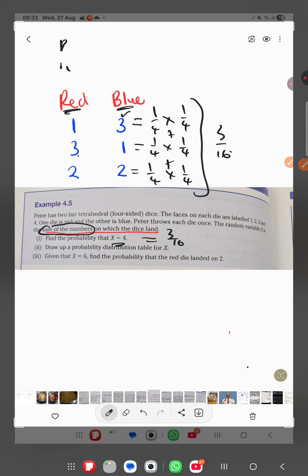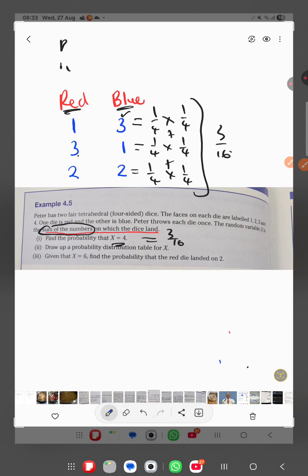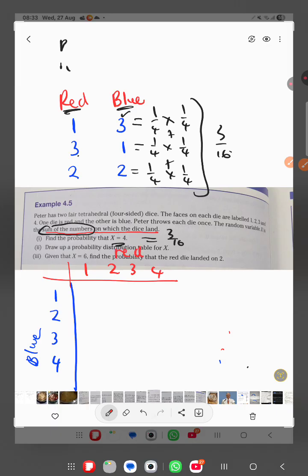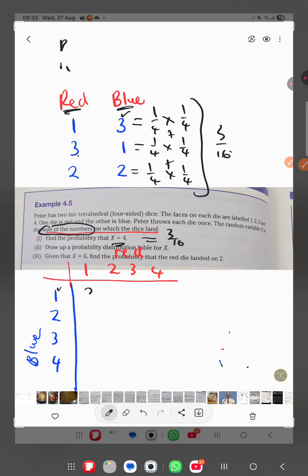However, that is one way of thinking about it, but when you only have 2 dice, it's sometimes a lot easier to just draw a space diagram. For example, this could be 1, 2, 3, 4 for the blue die, and 1, 2, 3, 4 for the red die. Then the sums: 1 and 1 makes 2, 1 and 2 makes 3, 1 and 3 makes 4, 1 and 4 makes 5.